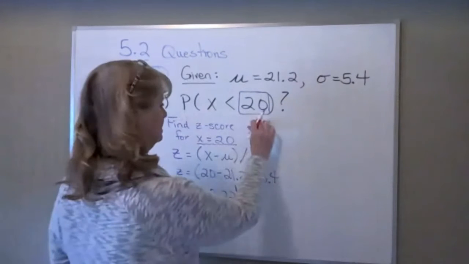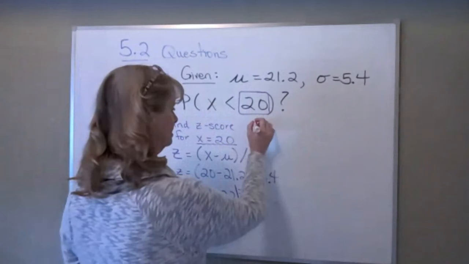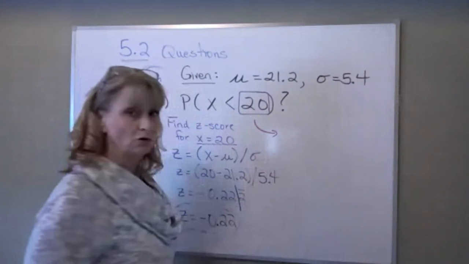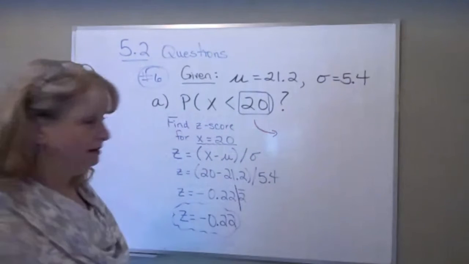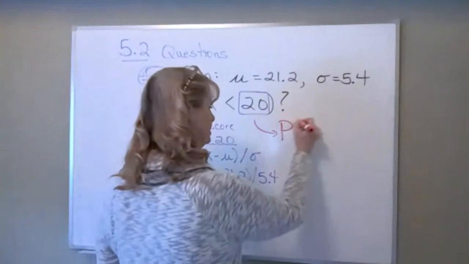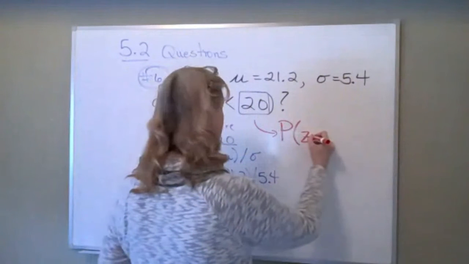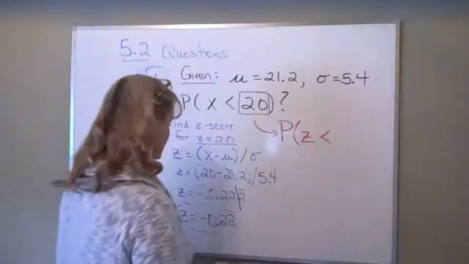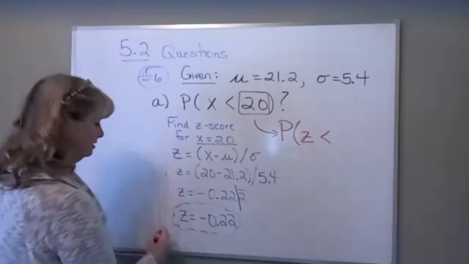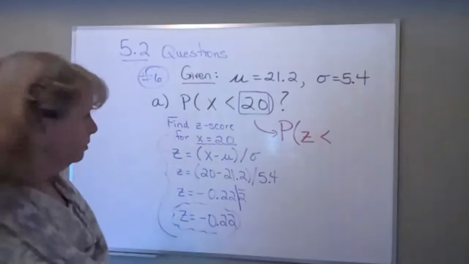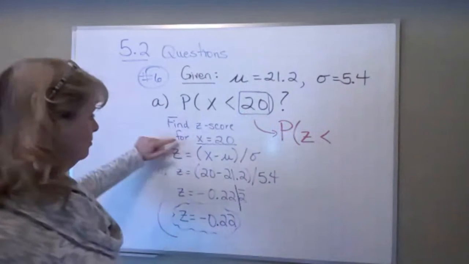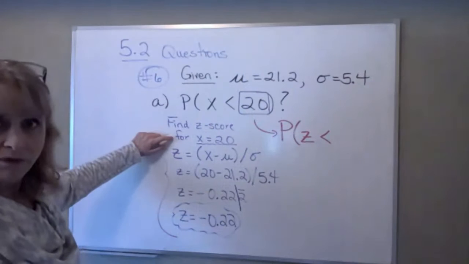This probability that x is less than 20 now becomes a new probability statement. The new probability will be the probability that the z-score is less than, and that's what all this work was here for, to find the z-score for x equals 20.